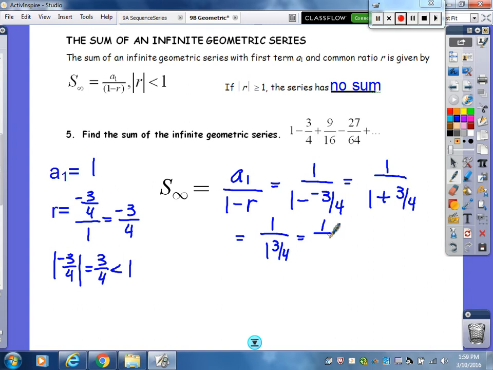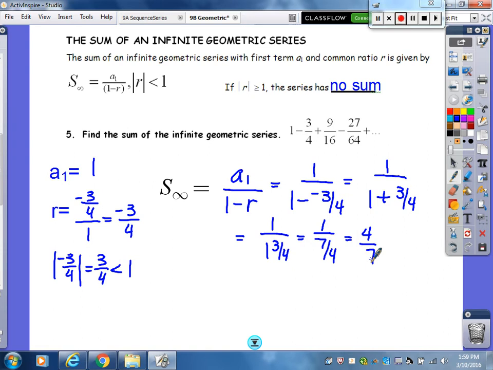Let's change that to a mixed number. I'm sorry, an improper fraction. So 7/4. Flip and multiply, so that means my sum is 4/7. But here again, you've got to remember to check that ratio, because otherwise you're just going to use a formula when you shouldn't. You didn't meet the restrictions on it, so you shouldn't be using the formula.